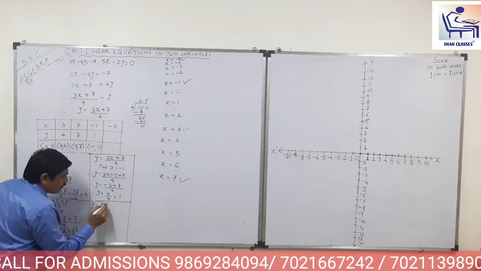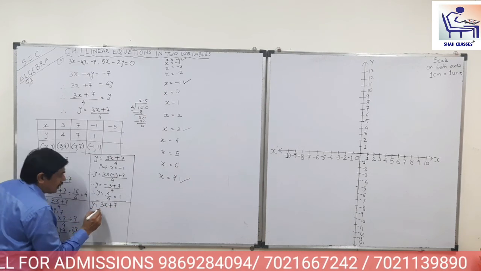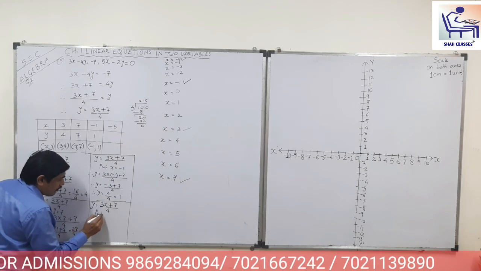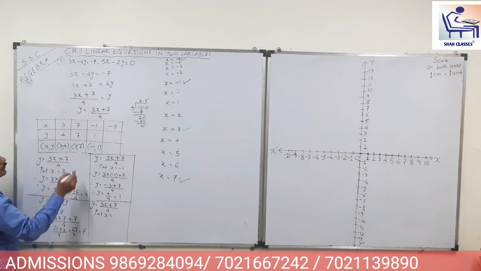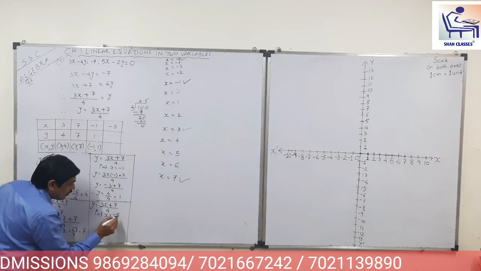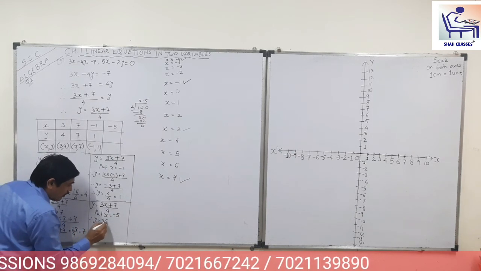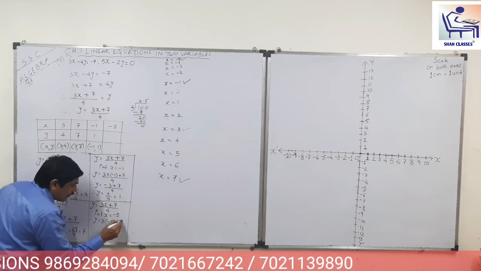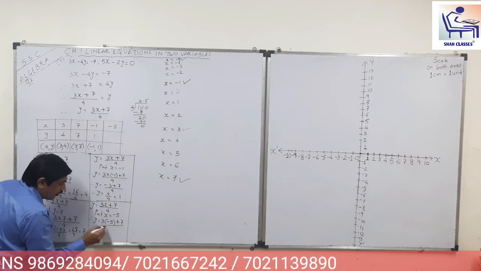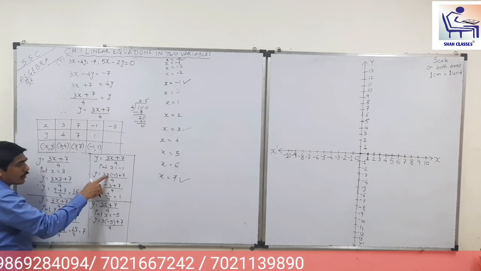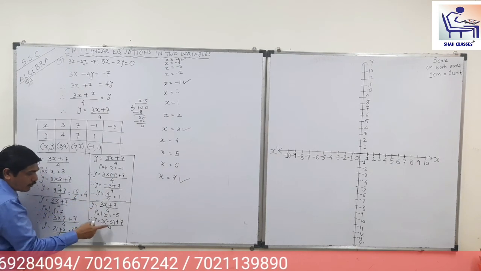y is equal to 3x plus 7 upon 4. Put x is equal to minus 5. Therefore, y is equal to 3 into minus 5 plus 7 upon 4. When you put a bracket, whether you are putting a multiplication sign or not putting it doesn't matter.